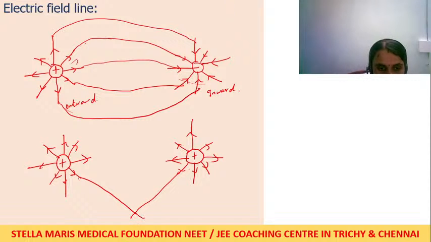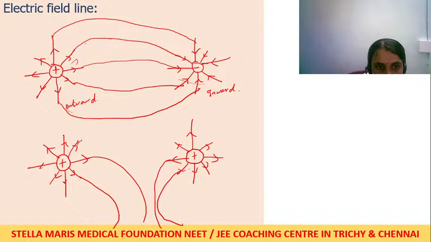But these two lines do not intersect, because both are repulsive. They go like this and they will not intersect.